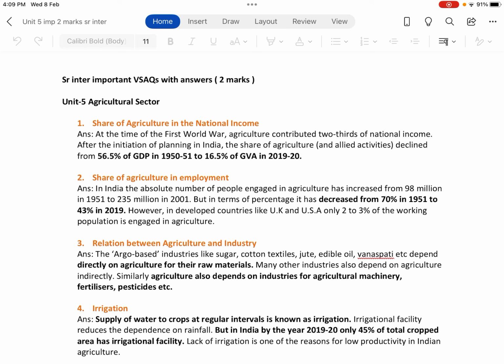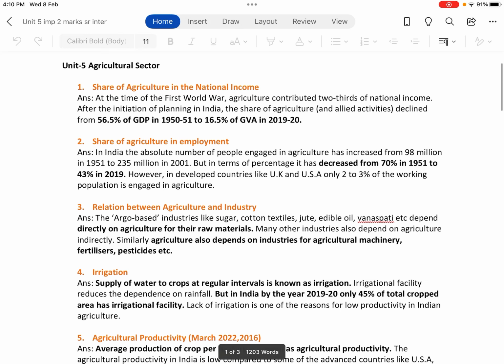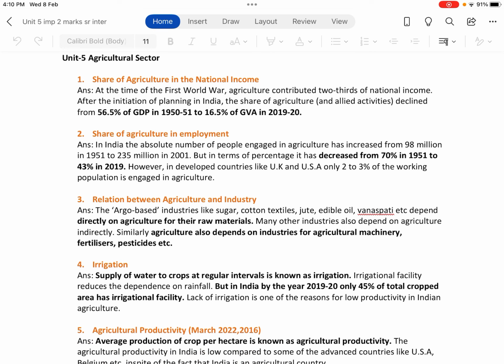So that means in our country, even though in absolute numbers the number of people engaged in agriculture and allied activities has increased from 98 million in 1951 to 235 million in 2001, when you calculate in terms of percentages, it has decreased from 70% in 1951 to 43% in 2019, because of the relative increase in the percentage of employment in the other sectors.